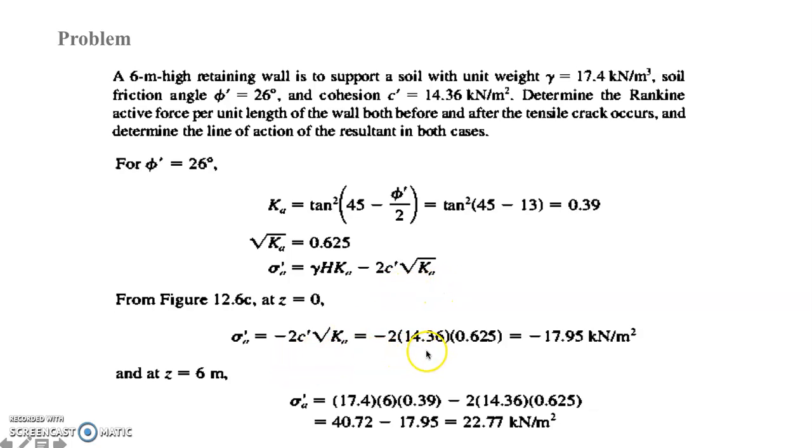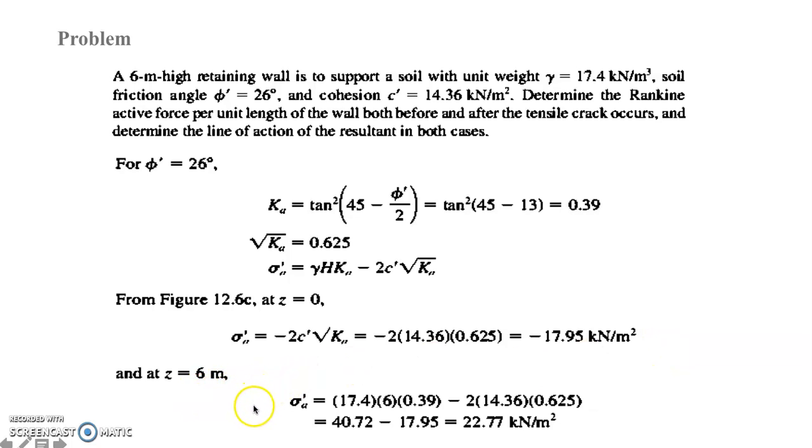You substitute the value for C prime, which is 14.36, and K sub A is 0.39. Get the square root of that multiplied by negative 2. It gives us negative 17.95 kilonewton per meter squared.